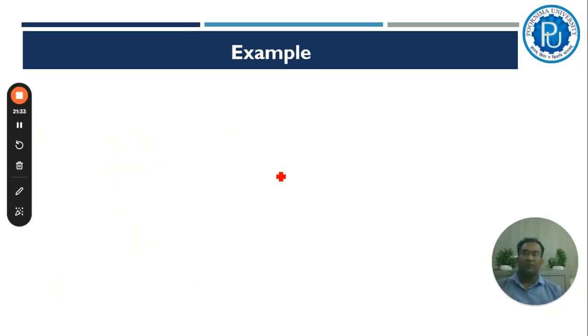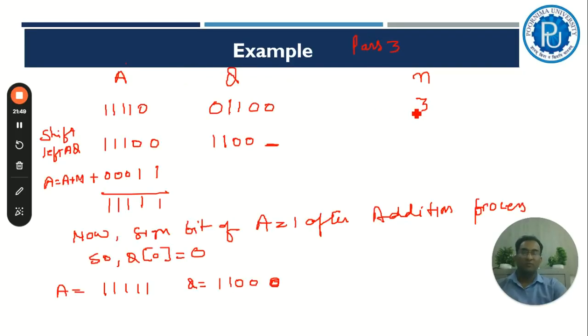So pass number 4. In pass 4, the value of n will be decremented by 1, so it is not 0. We will repeat all the steps.